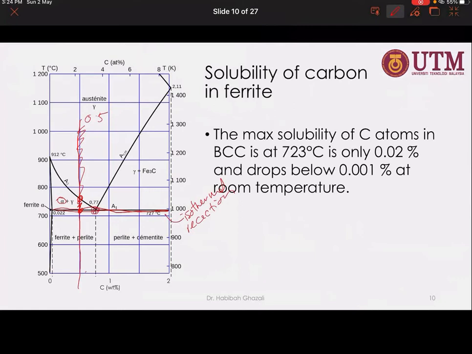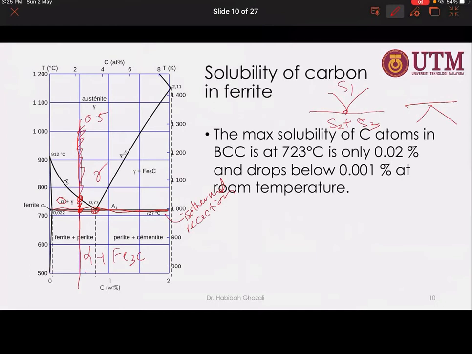This reaction name. Remember, to identify an isothermal reaction, we have this kind of structure or this kind of structure. It can be solid 1 plus solid 2, and solid 2 plus solid 3. Or for this, it is eutectoid. So for this case, this is gamma, and below we have alpha plus cementite for the general iron carbon phase diagram.